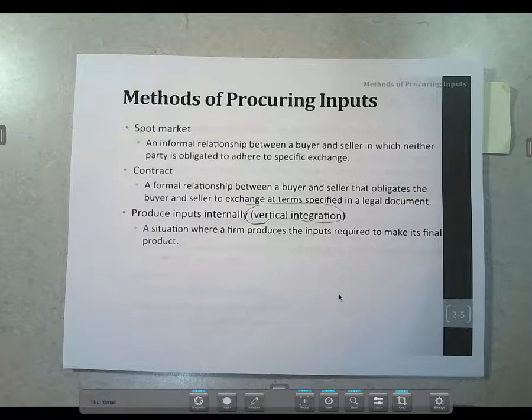Examples that we see of this would be, especially back in the 50s and in the 1960s, the auto manufacturers were organized where they owned the part suppliers, right? Like for radios, car seats, all those things. General Motors, Toyota, Honda, they don't actually make those parts.